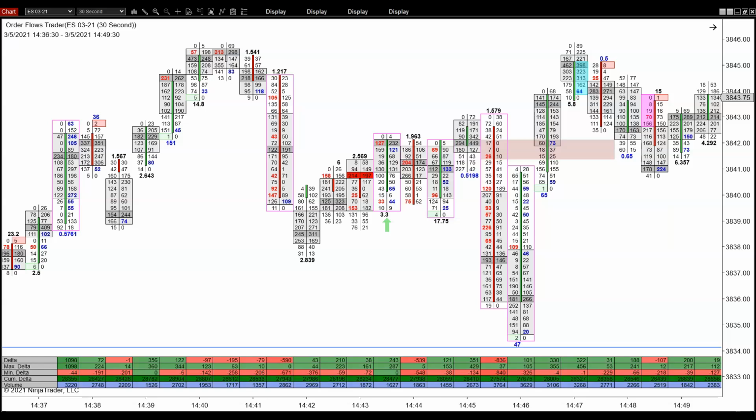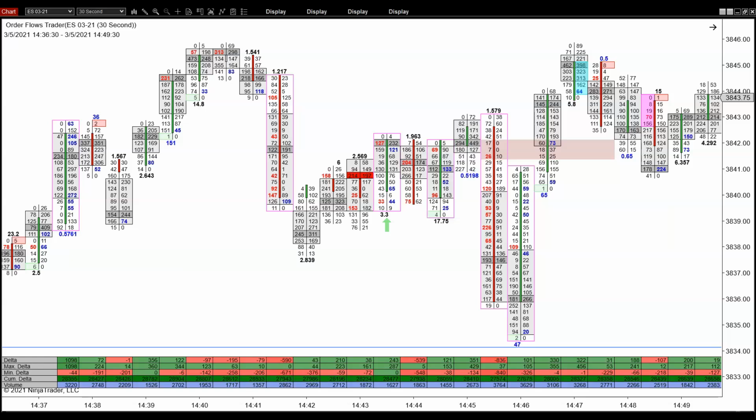What additional software? There's no additional software you need to use my software. You just need NinjaTrader. It'll work on the free version, but if you want to trade through NinjaTrader brokerage, you're going to get the paid version. That way you have lower commissions, and over time it'll pay for itself in that sense.